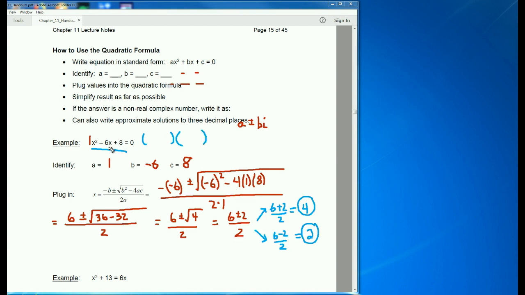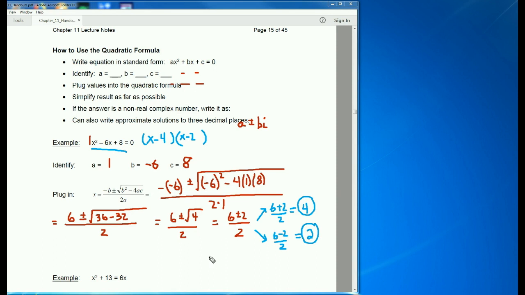It would be x minus 4 times x minus 2. So if they're very easy to factor, then that's probably the easiest way to solve it. The quadratic equation was a little bit of overkill for this problem, but that's okay.